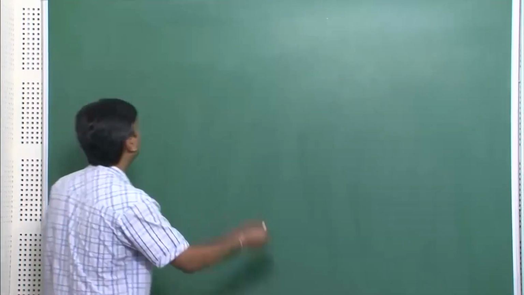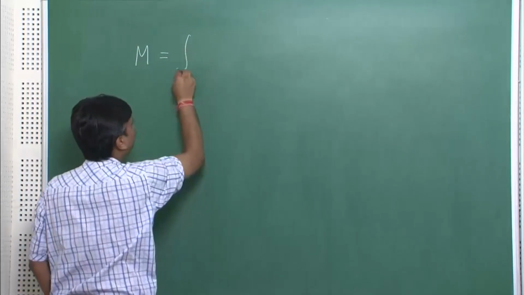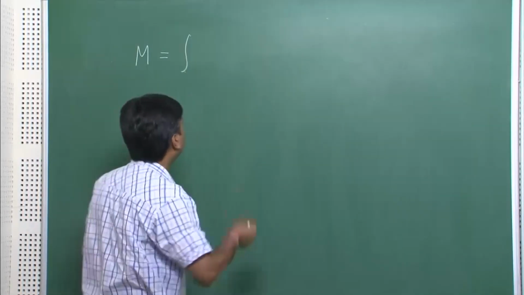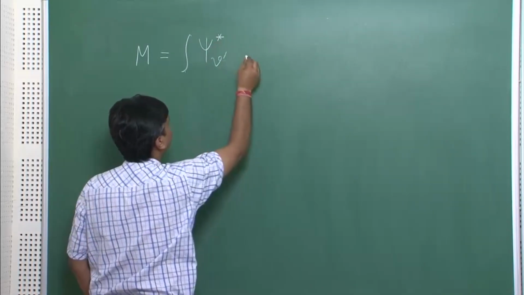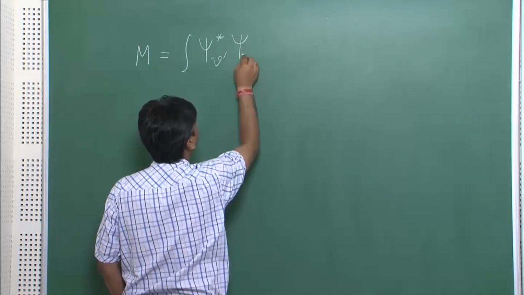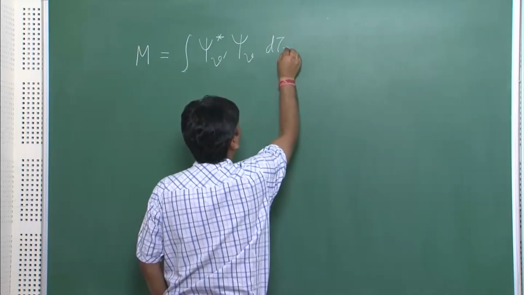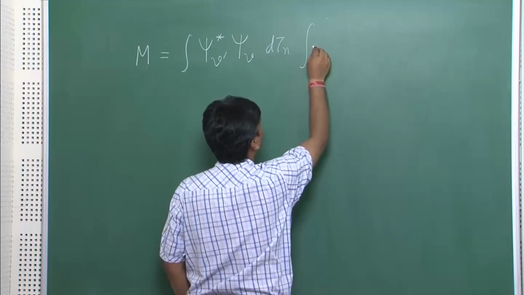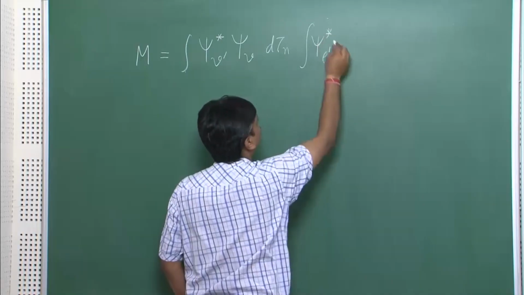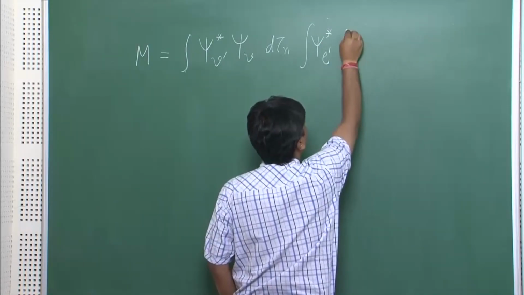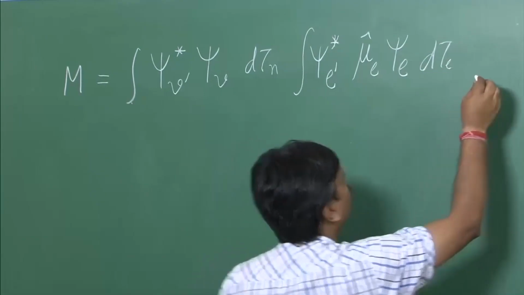So ultimately what we got by the transition moment integral is the product of three integrals. The first one we got as, multiplied by the, and.